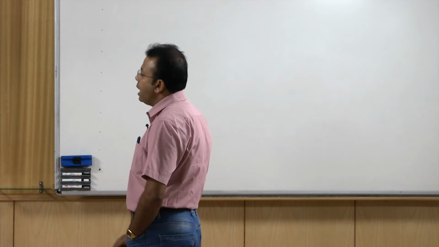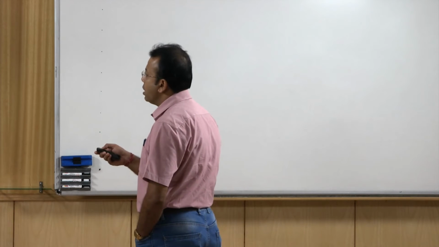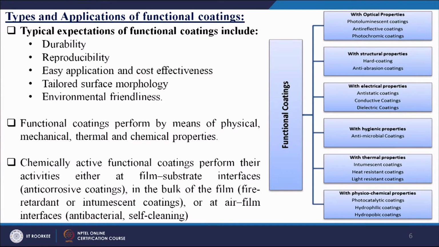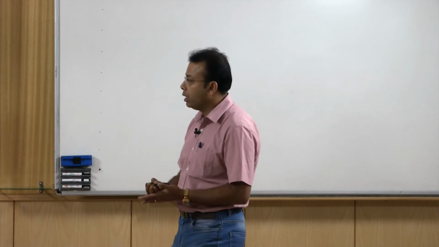So, here are the types and applications of the functional coatings. Typical expectations of the functional coatings include durability, reproducibility, easy application and cost effectiveness, tailored surface morphology, and environmental friendliness. So, these all are the aspects for which we are going to do the functional coatings.